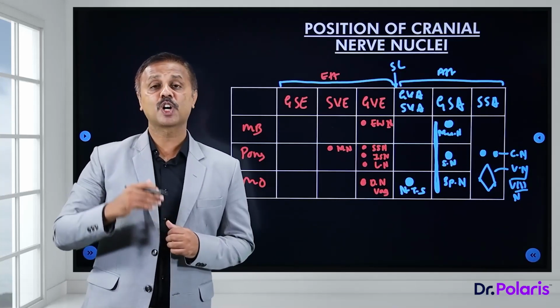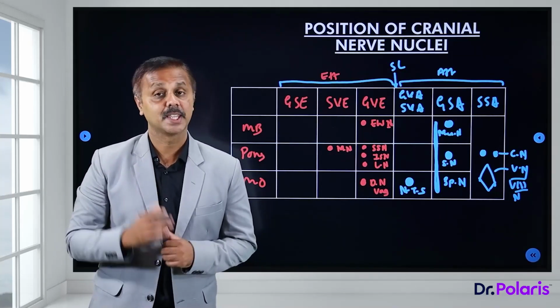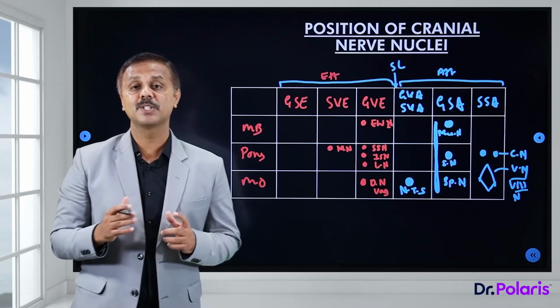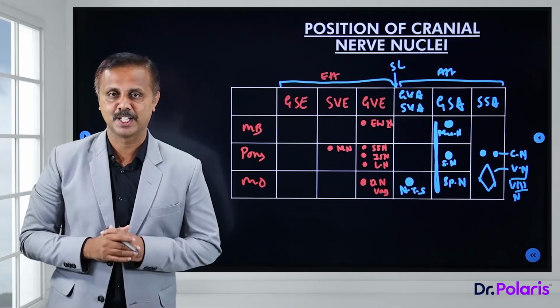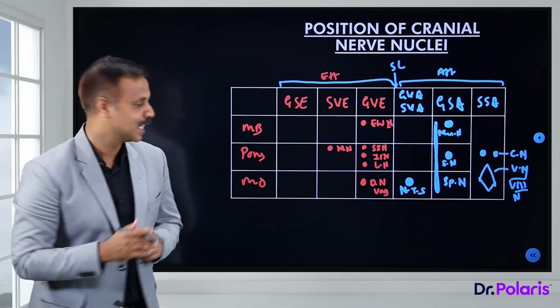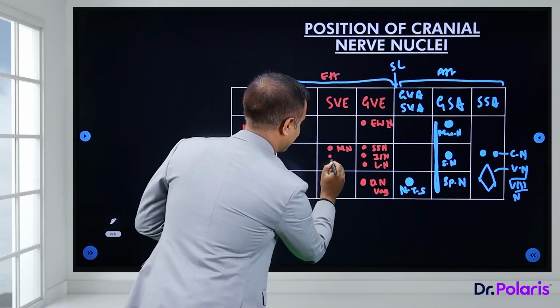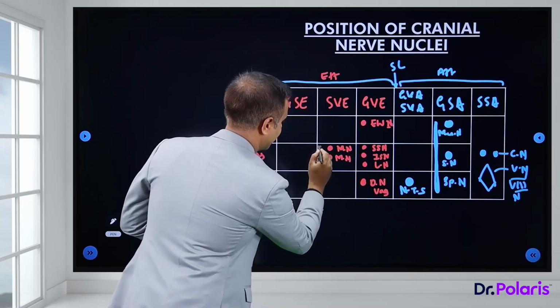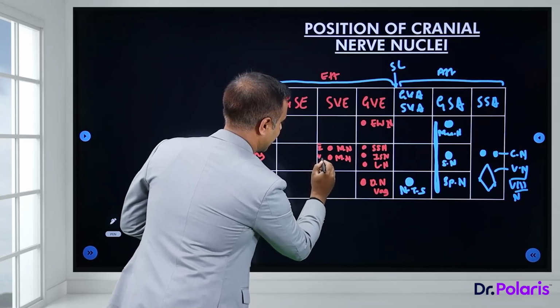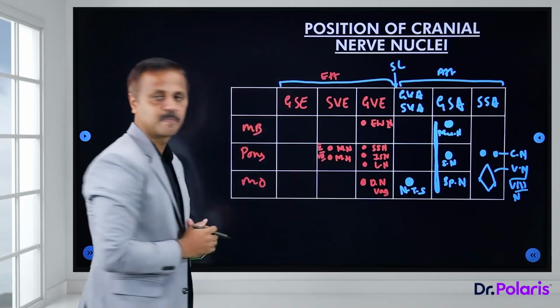Similarly, when we talk about the second arch muscles, the second arch muscles are the muscles of facial expression and they are innervated by facial nerve. So what nucleus represents it? Remember, it is represented by the motor nucleus of facial nerve. So this is for the trigeminal nerve and this is for facial nerve.